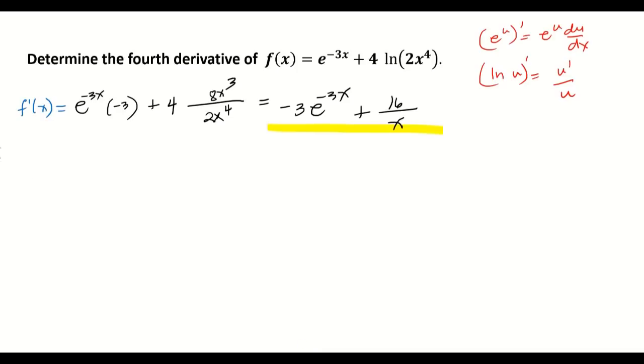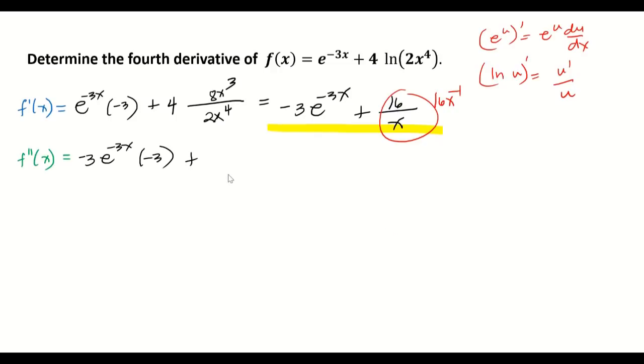Now for the second derivative, we are getting the derivative of our answer here. So we can have negative 3 and then e raised to negative 3x. And then the derivative of negative 3x is negative 3. So let's have the 16 over x as 16x raised to negative 1 so that we can apply power rule.